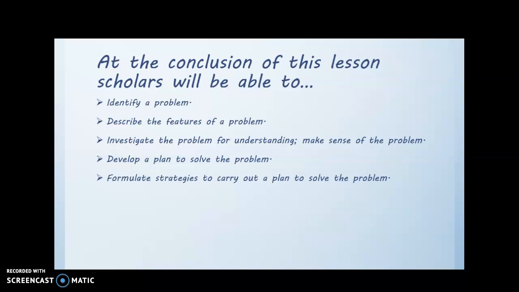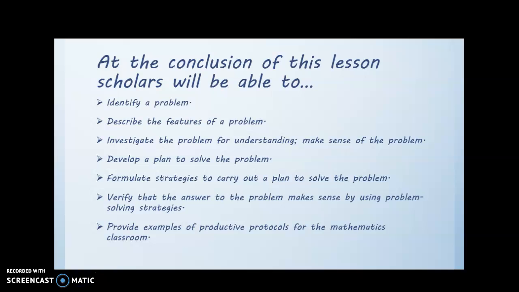You will formulate strategies to carry out a plan to solve the problem. You will verify that the answer to the problem makes sense by using problem-solving strategies, and we will discuss those too.